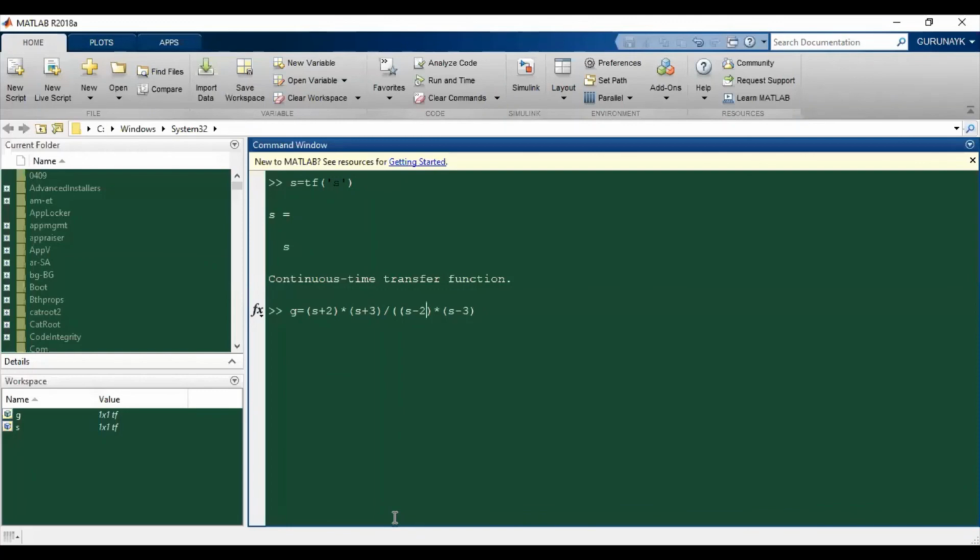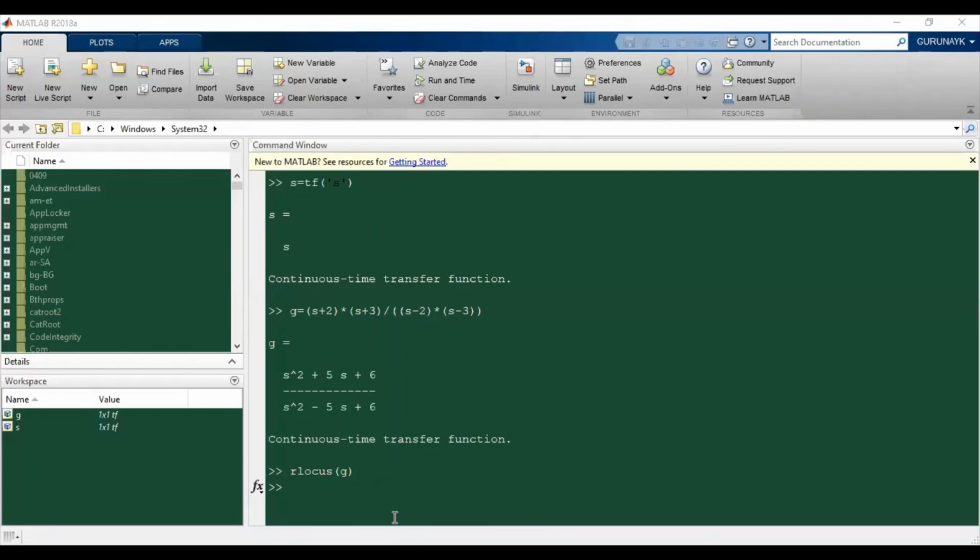Fine. This was our transfer function. So if you draw root locus, you will get rlocus of G, and you can look at the graph.